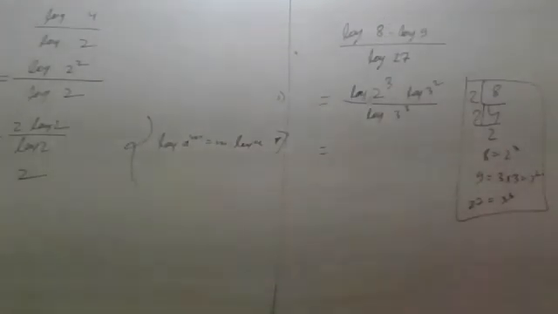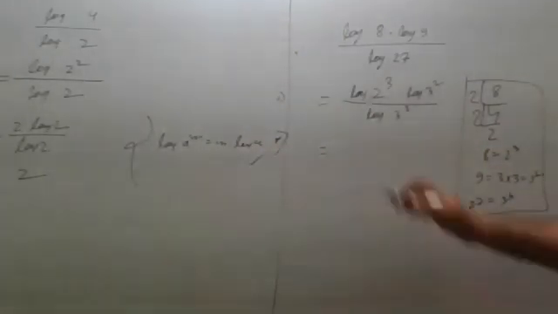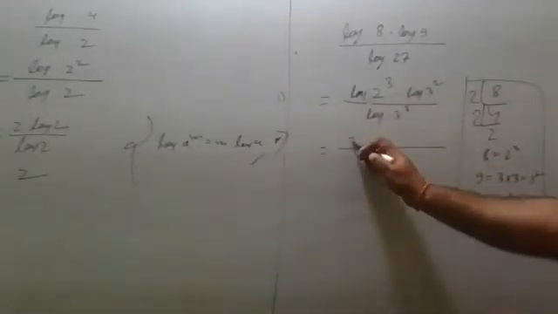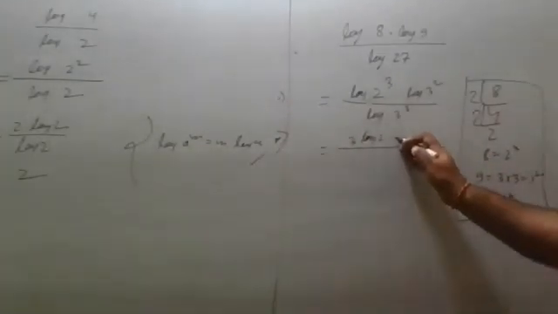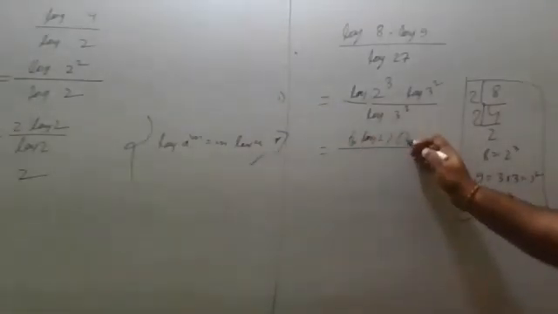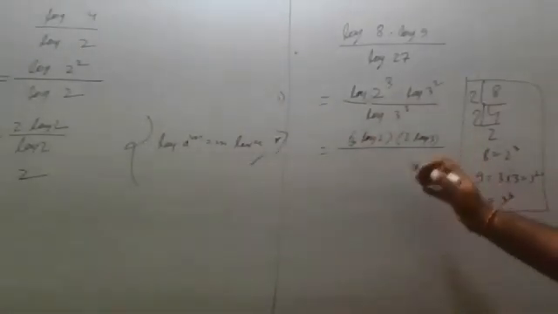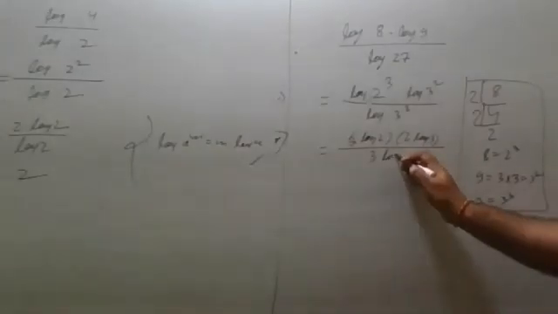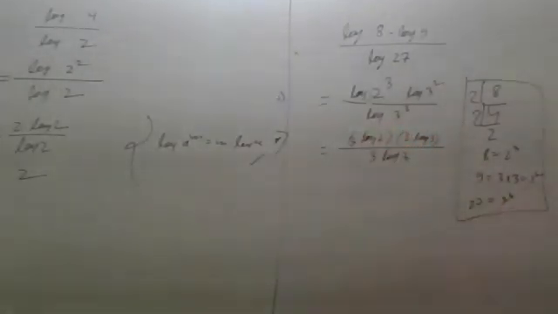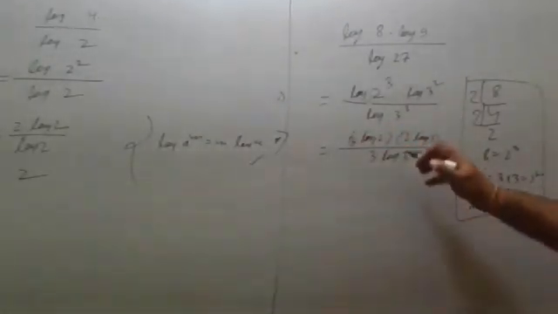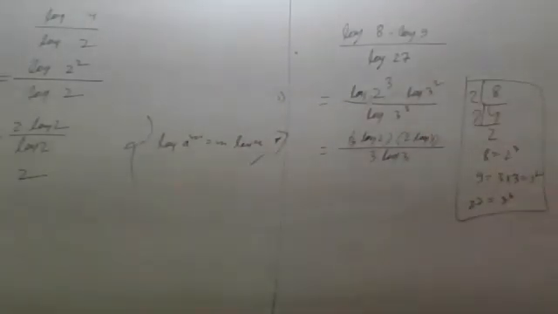equals, use this formula again, log a to the power m equals m log a. So it becomes 3 log 2 into 2 log 3. Put these brackets to learn that this 2 is not multiplied with this 2.